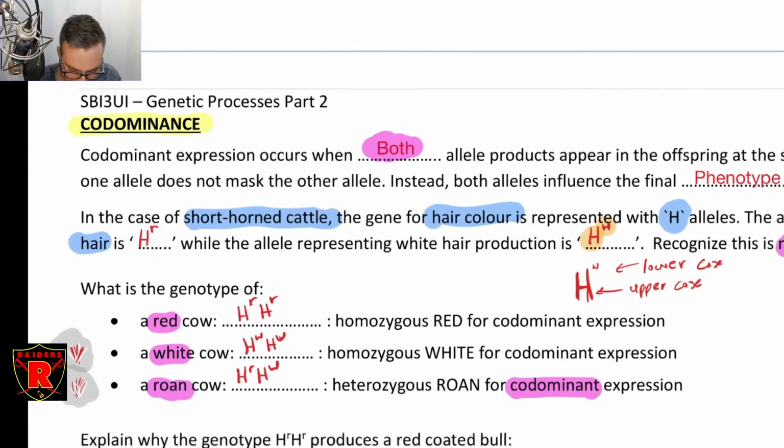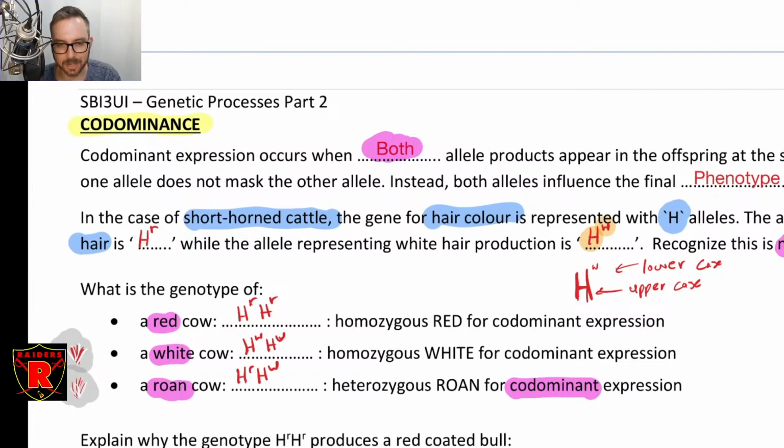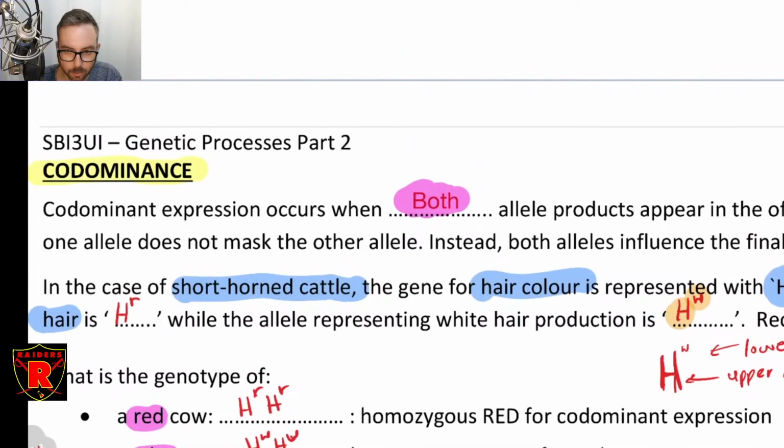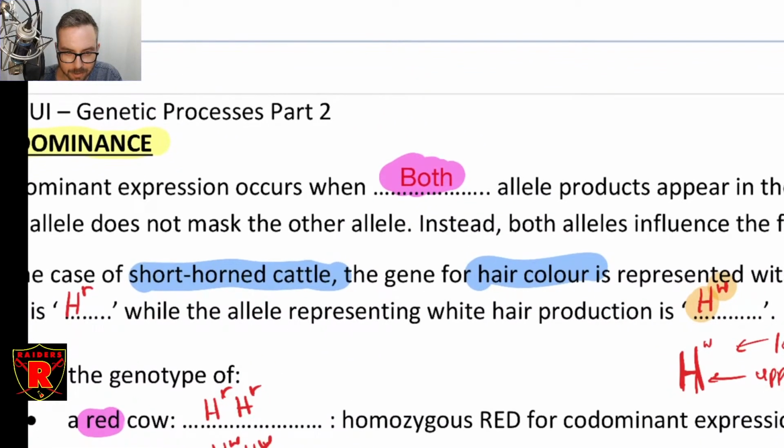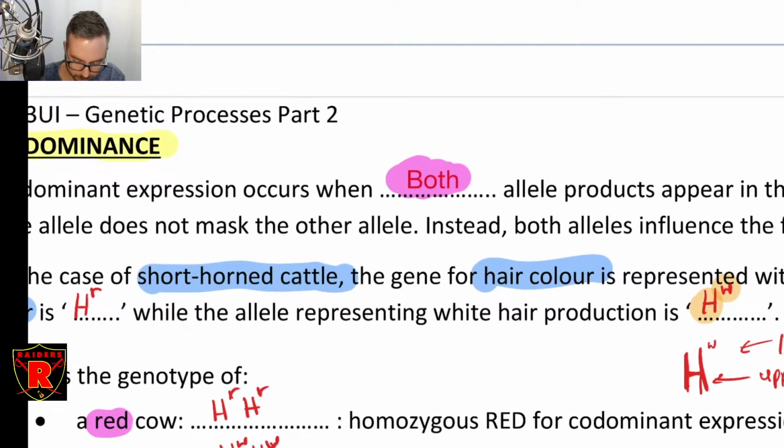So anyway, let me give you an example. And this is another real example, by the way. Red cows, they are homozygous for red hair. Okay, so I've denoted that as capital H, small r.